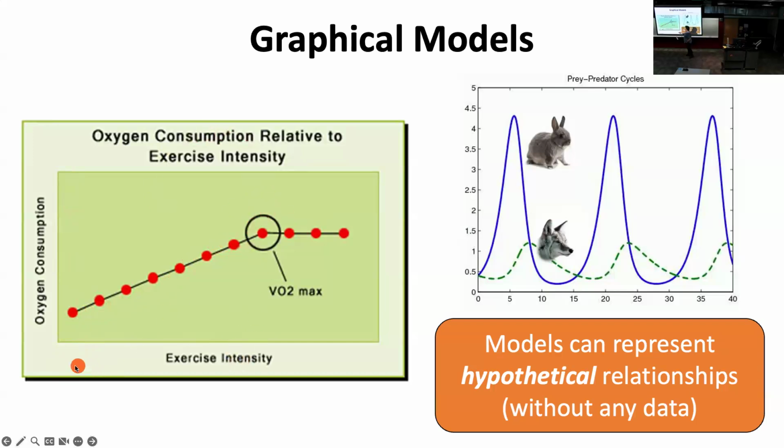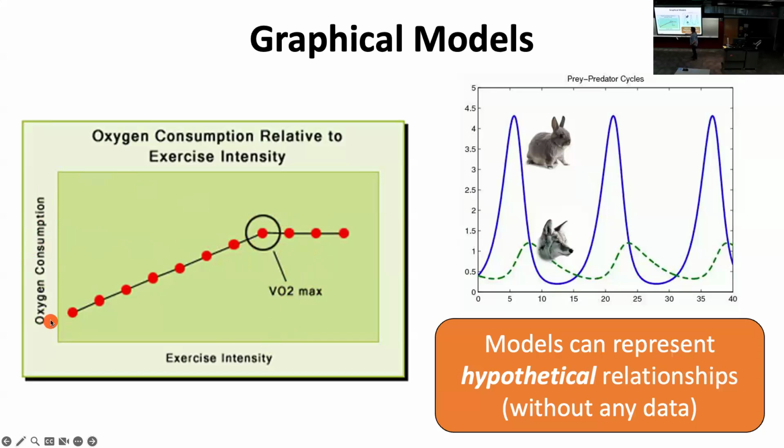As your exercise intensity increases, your oxygen consumption is going to increase. That's the aerobic part, where you're getting energy through respiration. At some point, though, the exercise intensity is so high that if you increase it even further, you don't see additional oxygen consumption. This OXPHOS pathway breaks down and other things start happening in your body to provide you the additional energy. And maybe they can only happen for a certain amount of time, and so on and so forth.